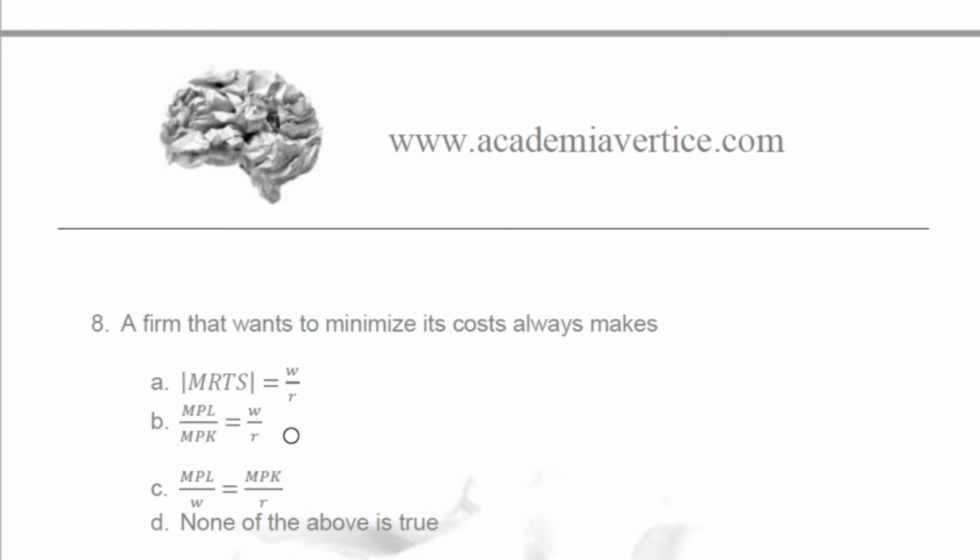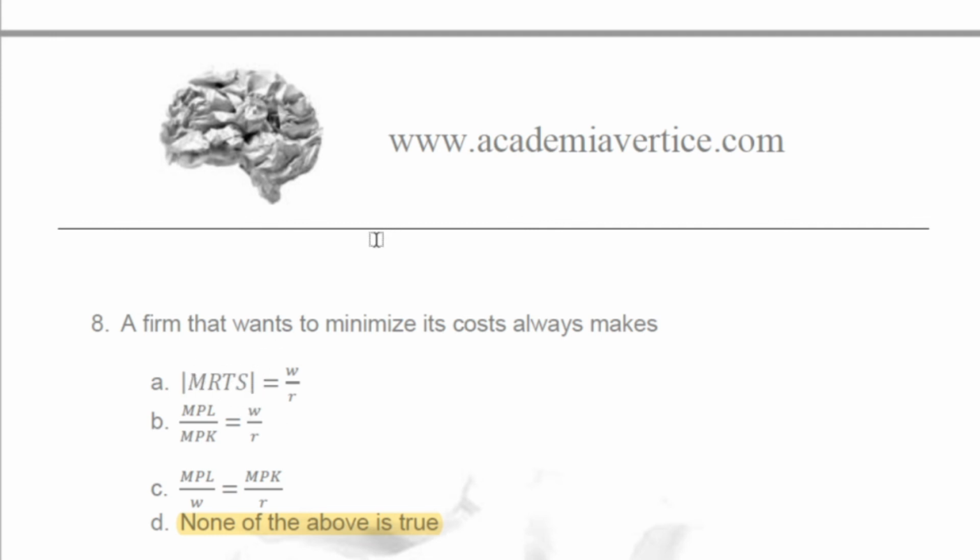Carrying MPK to the right, multiplying, and W to the left, dividing. So these are false because maybe a firm wants to do this, but sometimes the MRTS is not calculable.